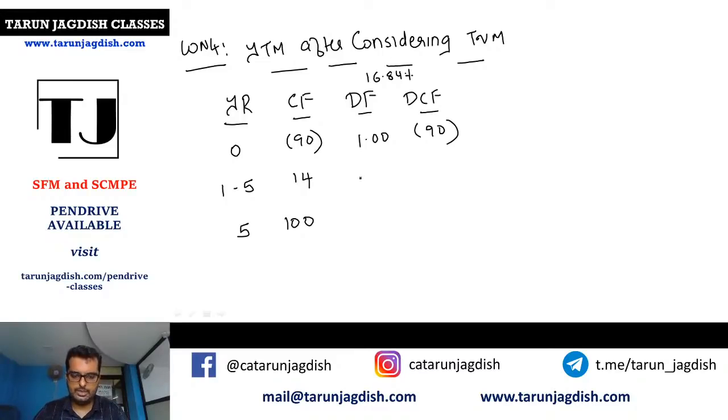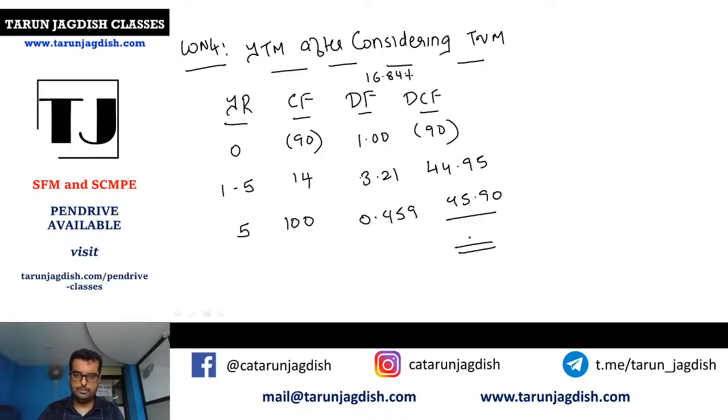So I'll get the annuity factor as 3.21 over here, and 0.459 over here. So I'll get the answer as 3.21 into 14, that is 44.95, and down will be 45.90.